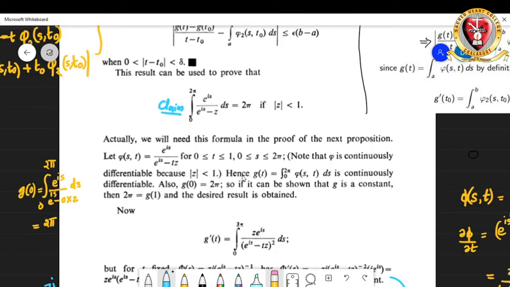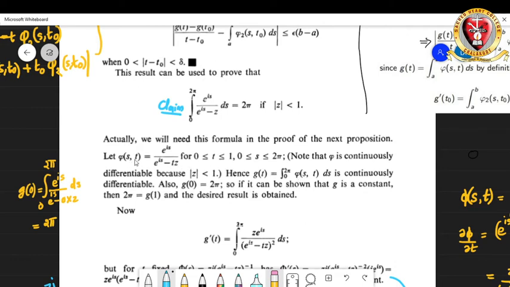So now we can say that g(t), which is the integral from 0 to 2π of φ(s,t) ds, is continuously differentiable. That comes from our theorem. Also find g(0). g(0) will be the integral from 0 to 2π of φ(s,0).